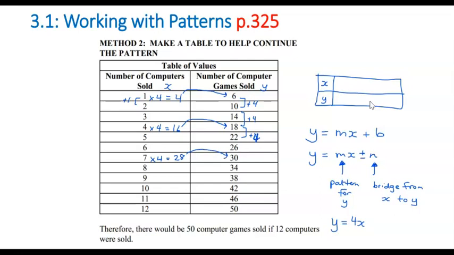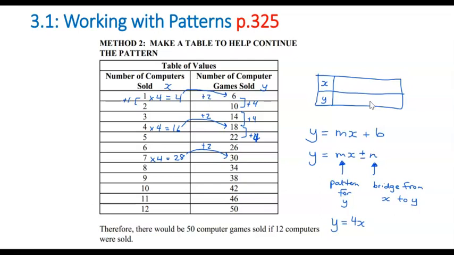Do you notice what you need to get from 4 to 6, from 16 to 18, from 28 to 30? You need to go up by 2. That is what I call the bridge. You need to bridge up by 2 to get back to your y value.